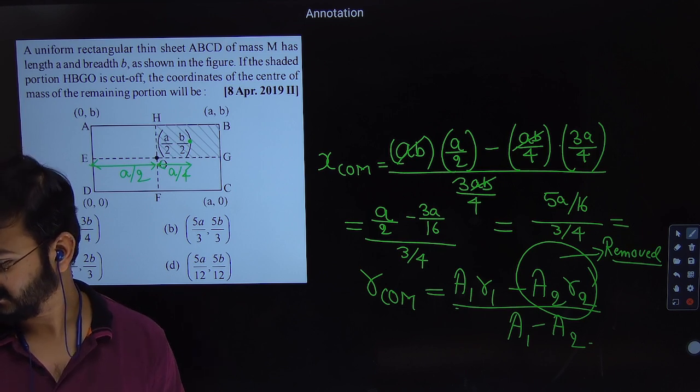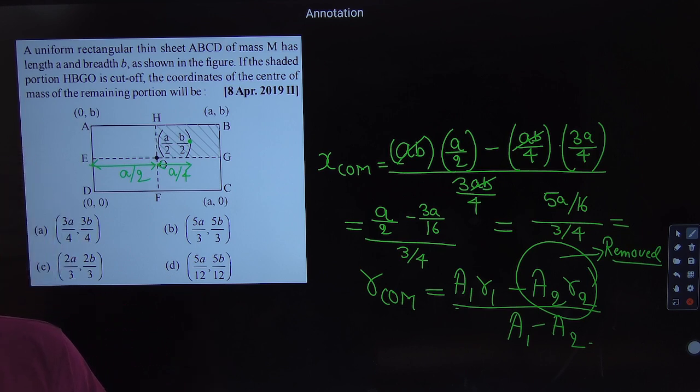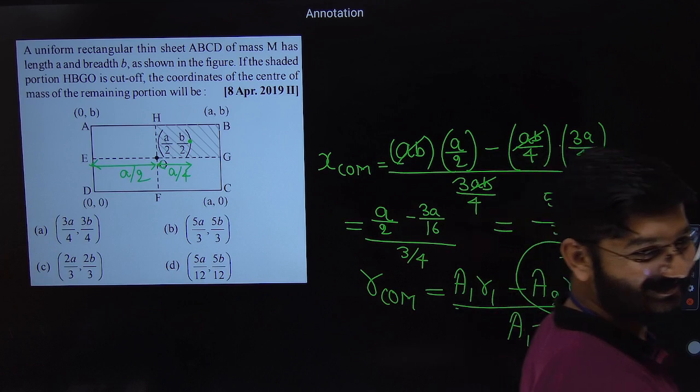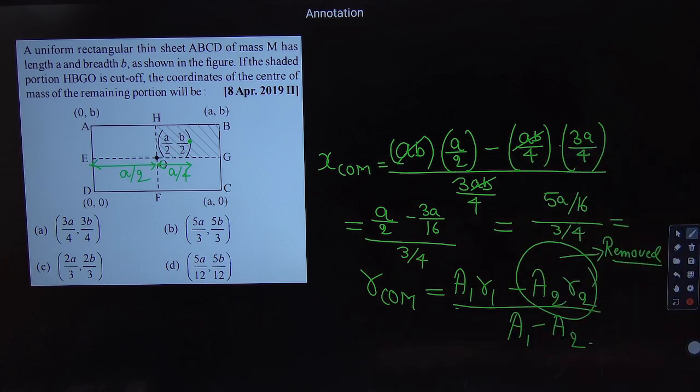Parineet, you told D, na? Is it coming 5A by 12?